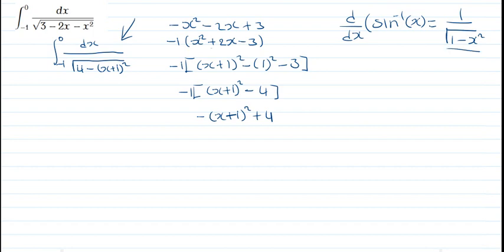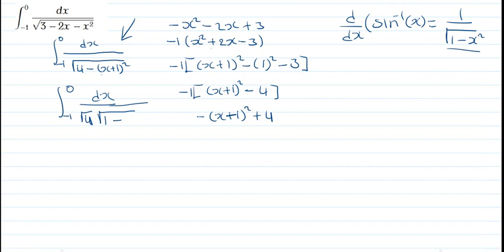The first thing is I'm going to factor out this 4 so that it can be a 1 here. So doing that, I'm going to have the integral from negative 1 to 0. When you factor out a 4, it's going to be dx over root of 4 multiplied by 1 minus, since there was a 4 here, it's going to be a 1.